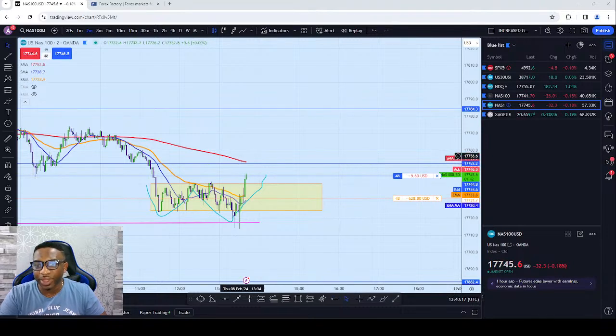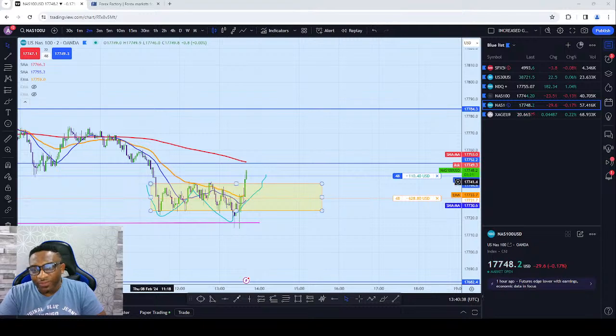Right above here we have the 7,750 level, this key level here. So we just hope it breaks through it easily and then makes its way to the next level. We hope it wouldn't be any issue.